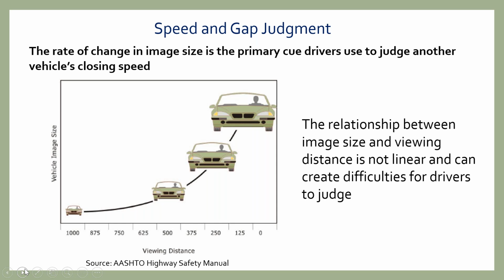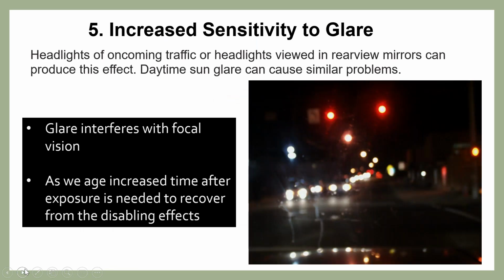The apparent change in size of an approaching car between 1,000 feet and 500 feet is kind of modest. And then within 500 feet, it starts to become more apparent. So it's not easy for any age, and at higher speeds, the distance covered in 500 feet is not very much. So speed and gap judgment definitely tends to be an issue that becomes very apparent when we look at aging user safety.